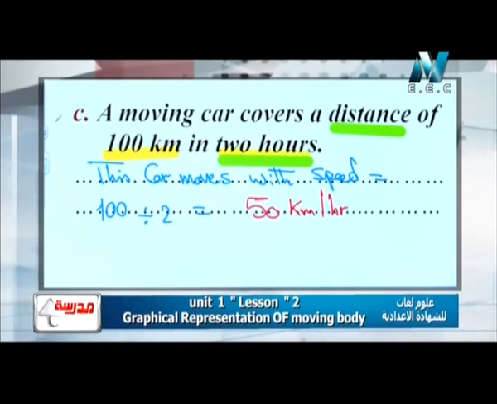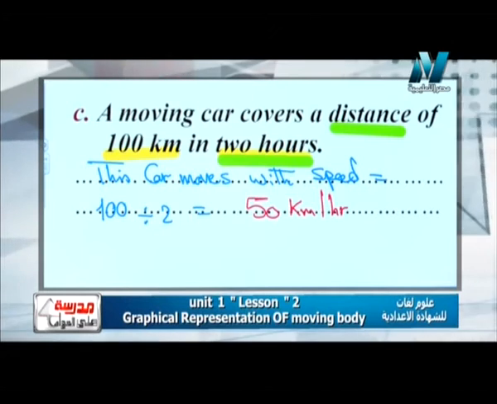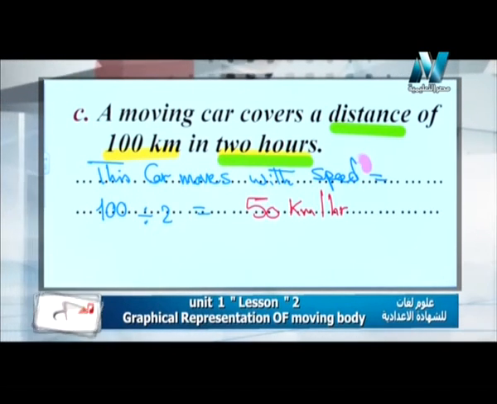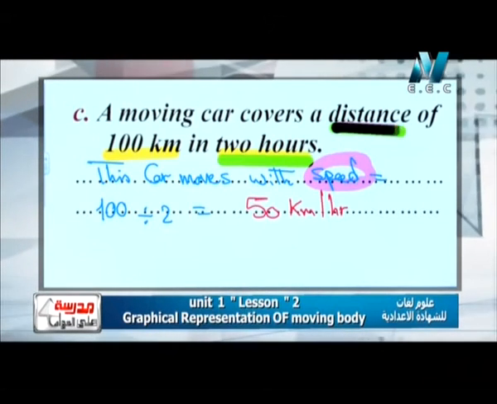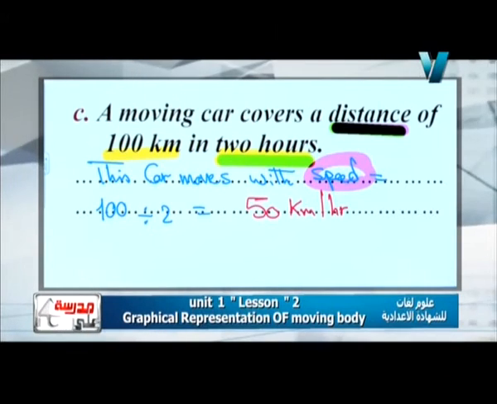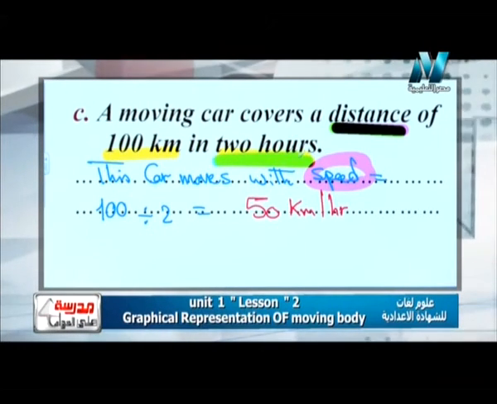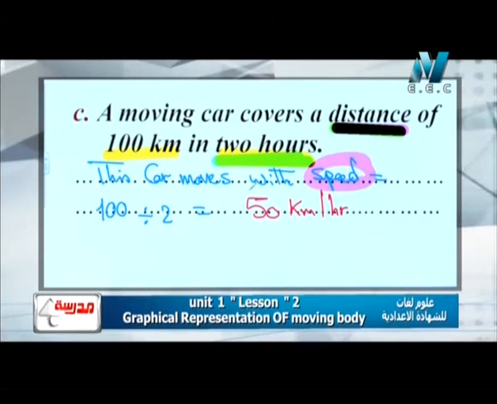So we can answer here depending on speed. جبتها منين؟ أقول له we have distance and we have time. So if we have distance and we have time, we talk here about the speed.